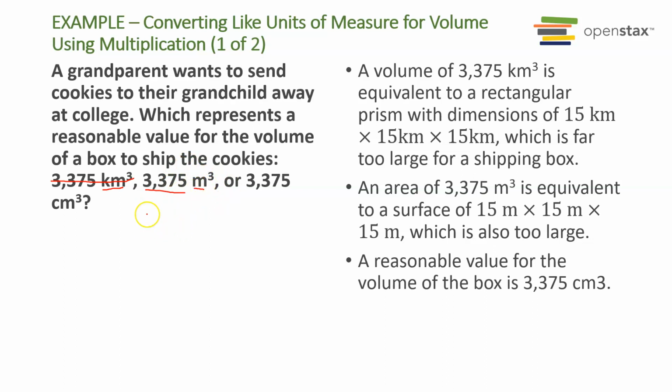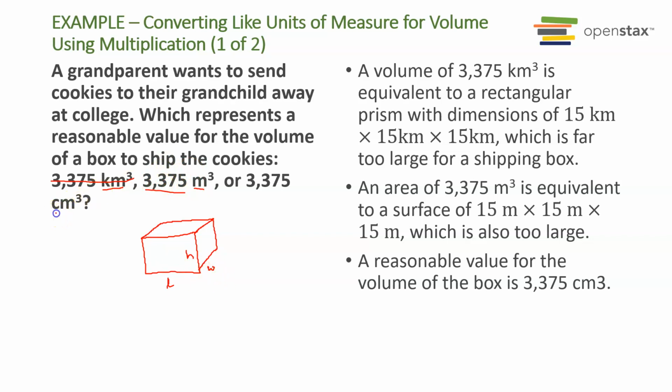I don't think 3,000 cubic meters is going to make sense, because what we're really talking about is a box, like a flat rate shipping box with length, width, and height. If you're talking about feet, this is getting on the scale of a house. Meters are on the same level as feet, so 3,000 cubic feet is like the size of a room.